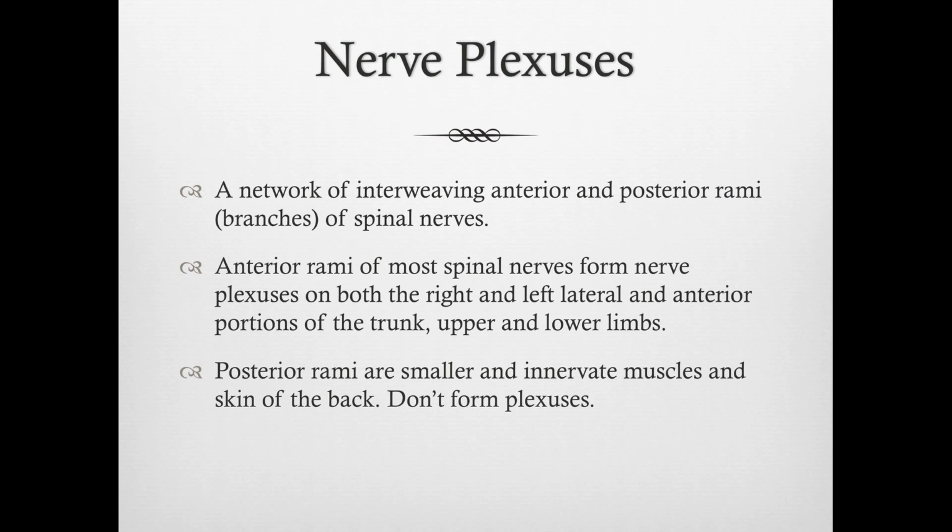Now, if you think about it, so far I've only talked about 31 pairs of spinal nerves, which in total, if it's 31 pairs, you've actually got 62 individual nerves coming off the spinal cord.